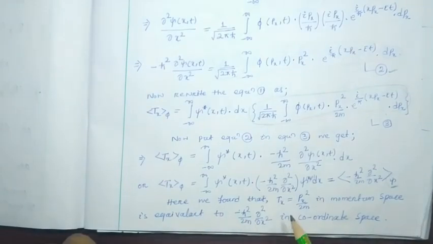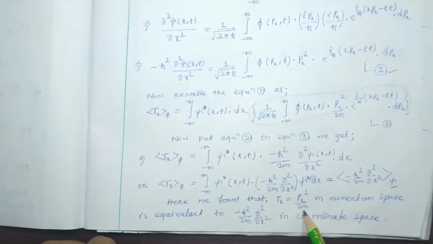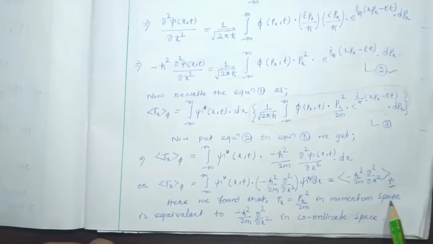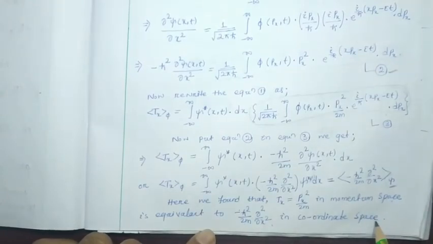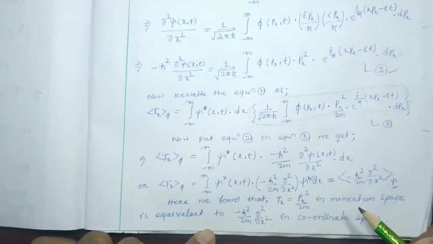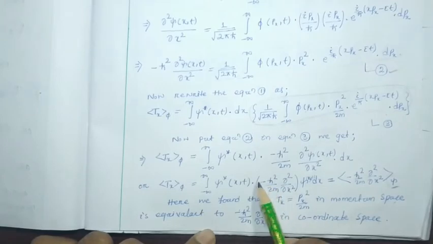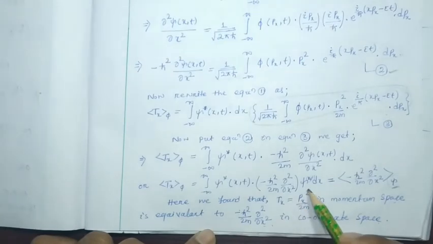So here we found that T(x), the so-called px square by 2m in momentum space, is equivalent to minus h cross square by 2m del square by del x square in coordinate space. That means in coordinate space the kinetic energy operator is minus h cross square by 2m del square by del x square, whereas in momentum space the kinetic energy operator is px square by 2m.